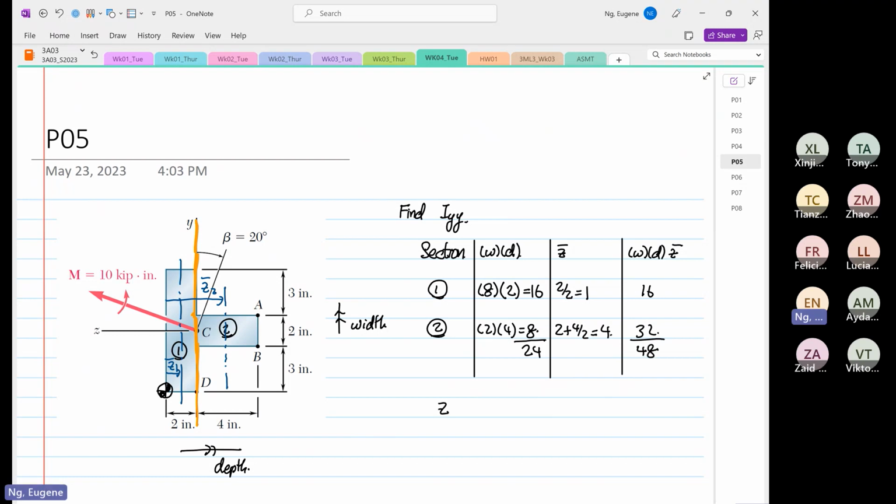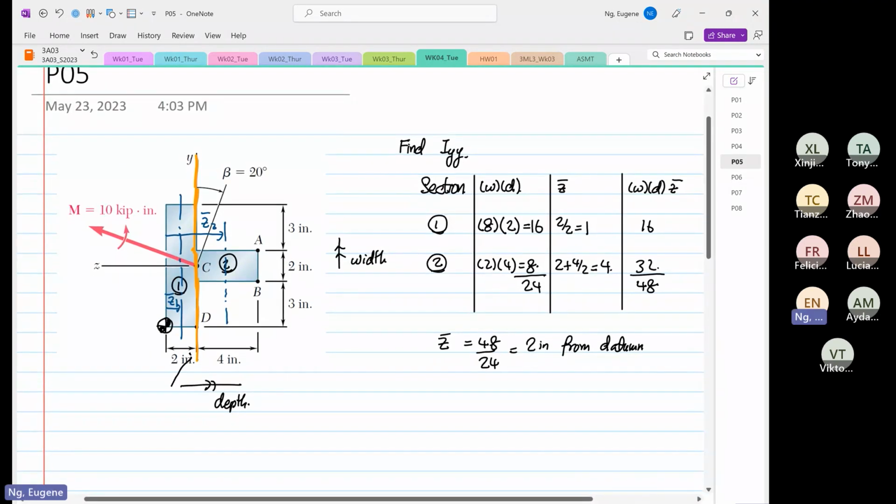So our big Z bar is 48 over 24. So this is 2 inches from datum. So in fact, the orange line I drew, this line is in fact our centroid. We did not know earlier, but now we know.